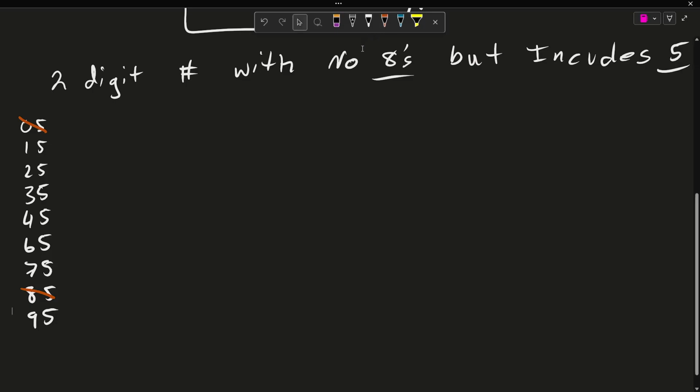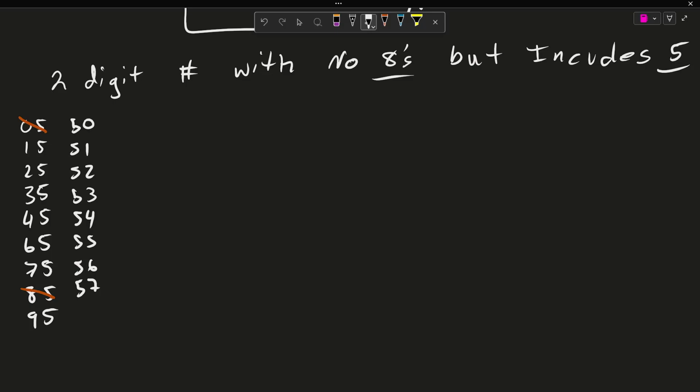So I don't like those numbers. Let's list out some of the other ones. Well, the ones that start with a 5: 50, 51, 52, 53, 54, 55, 56, 57, 58, and 59. Did I get that right?